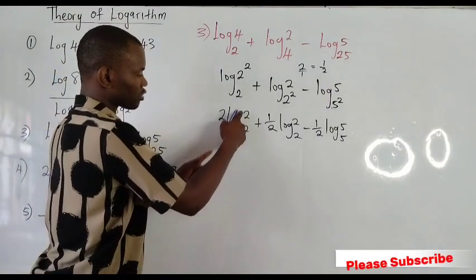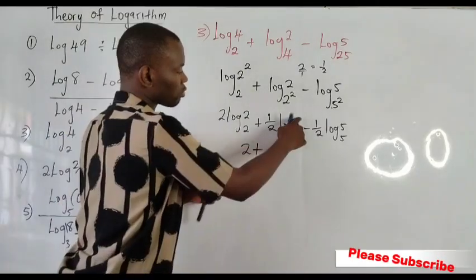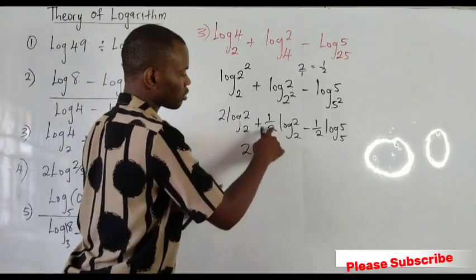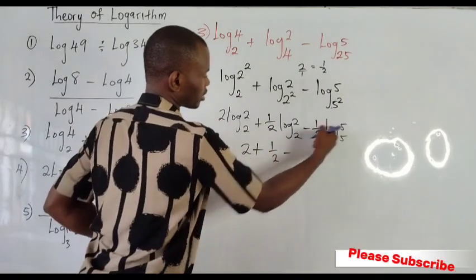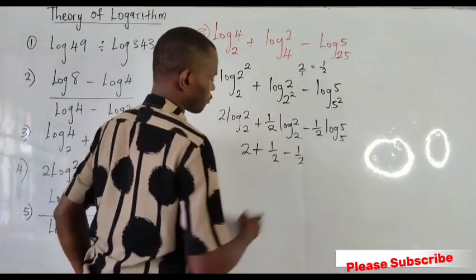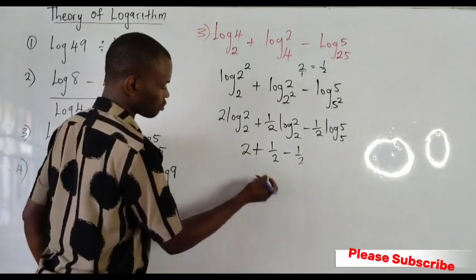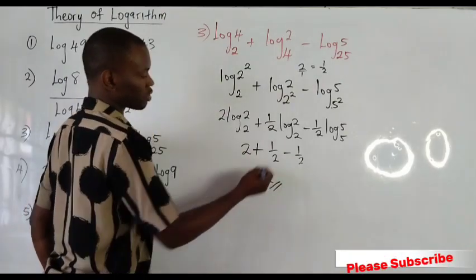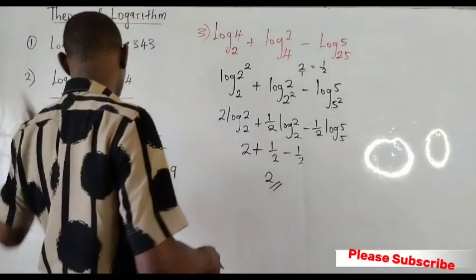So what I have here is 1. 1 times 2 is 2 plus logarithm of number to its base is 1. 1 times half is half minus 1 times half, half. Okay? So half minus half gives us 0. Bring down 2 as your answer, because these two will subtract each other. So this is the solution to the third question.